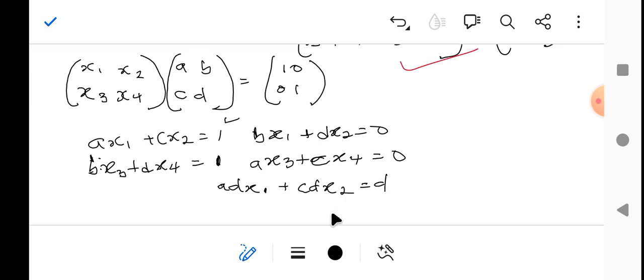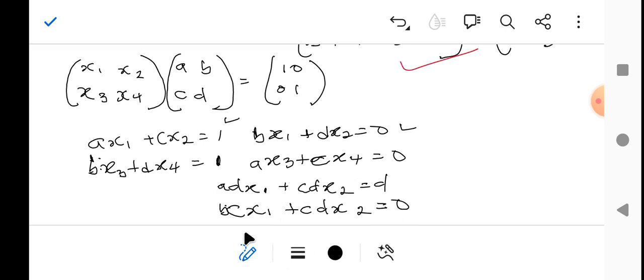Then let's multiply the other equation by c. If we multiply that equation by c, we're going to have bcx1, right, plus cdx2. This should be equal to 0, right?